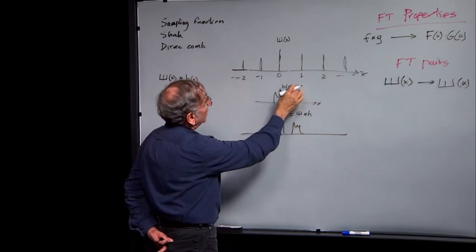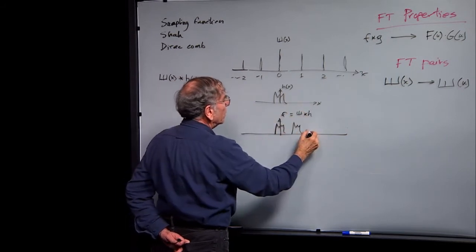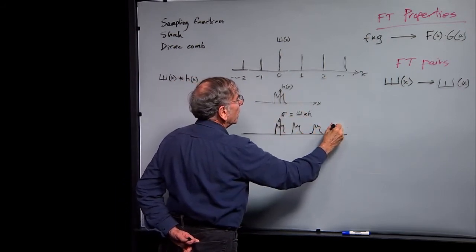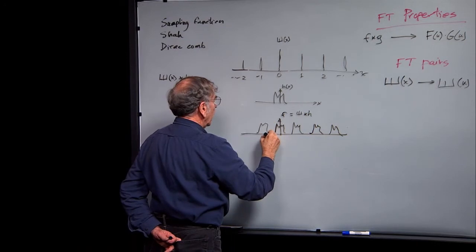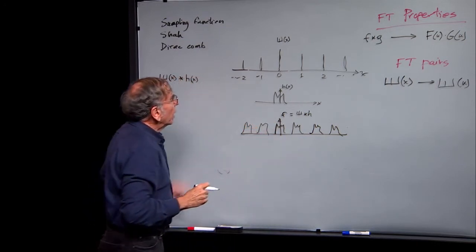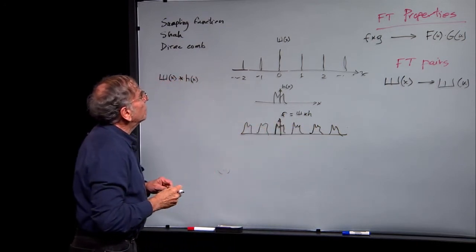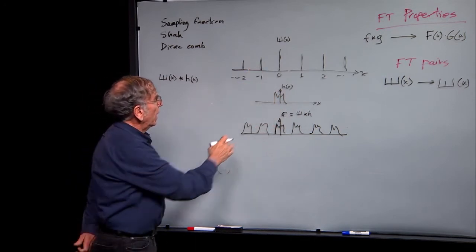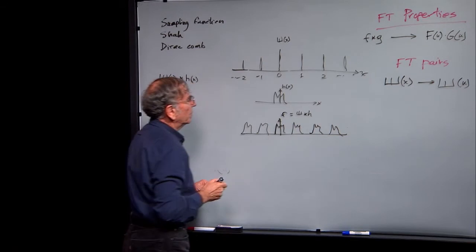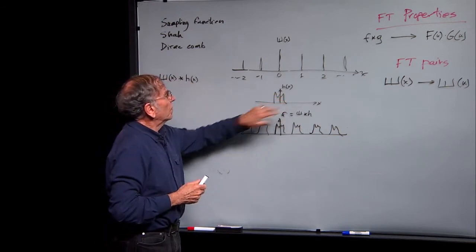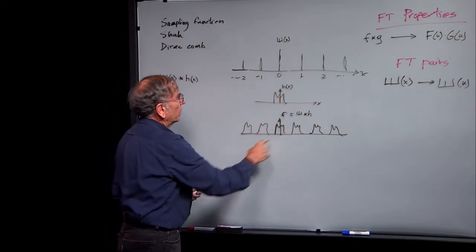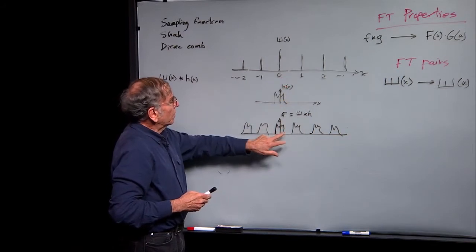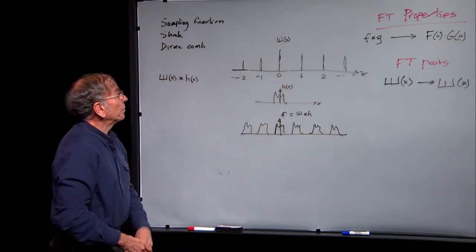It's just going to be displaced over here by 1 unit. And as I consider the infinite number of delta functions that make up the Shaw function, I get many, many copies of my h function, all just centered on integer values, 0, 1, 2, and so on.